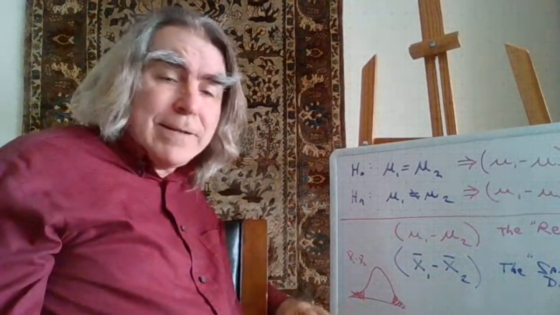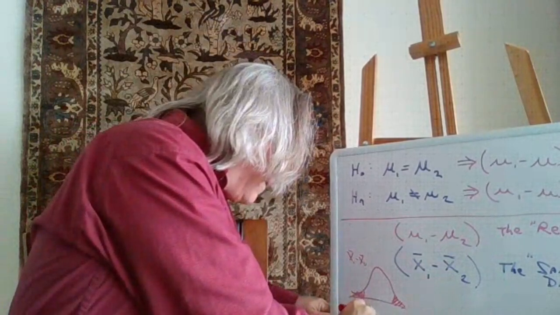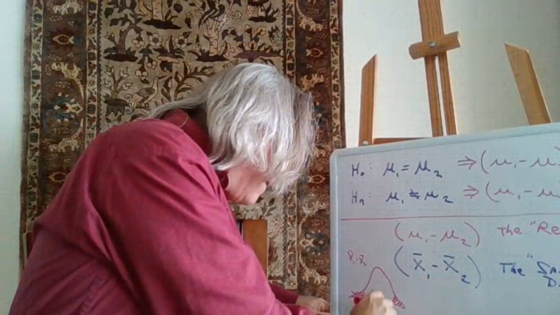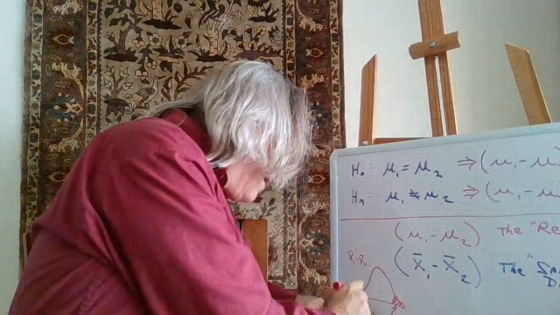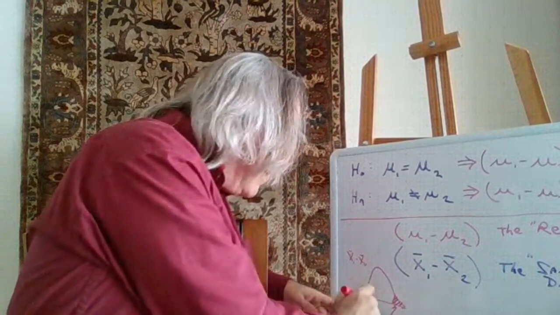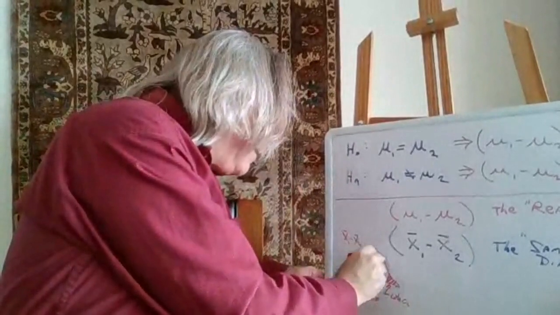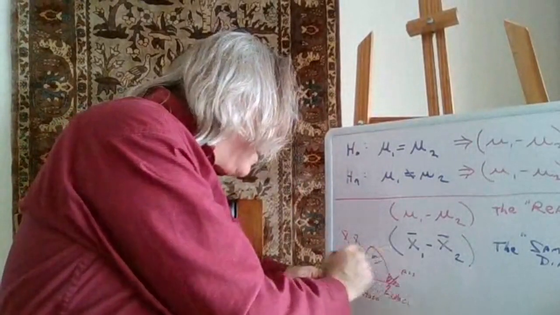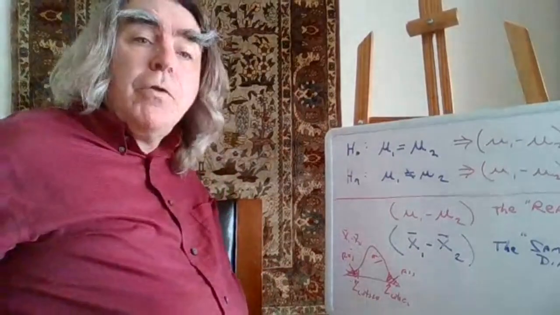Anyways, once we have this, we have to find the Z cutoff values. Okay, one is going to be the negative of that one down there, right? And then this is going to be the acceptance region and rejection region, right?